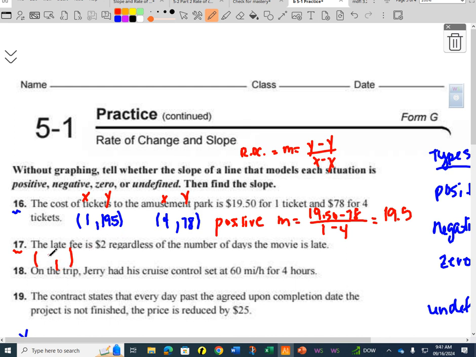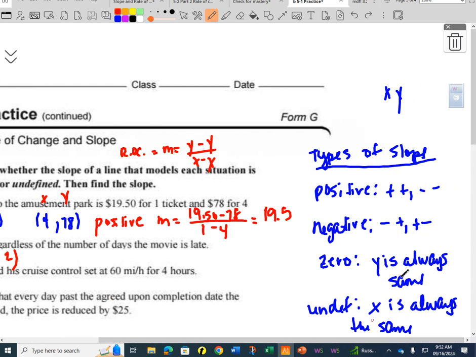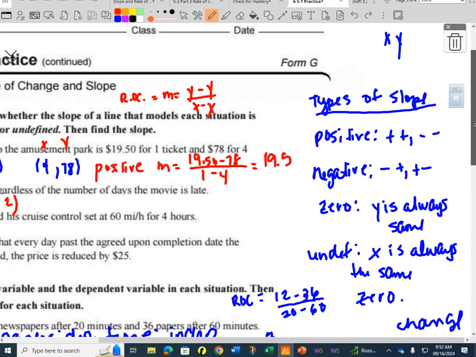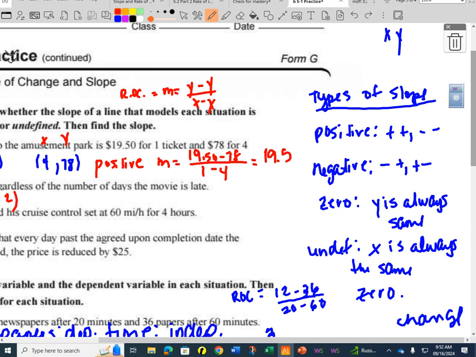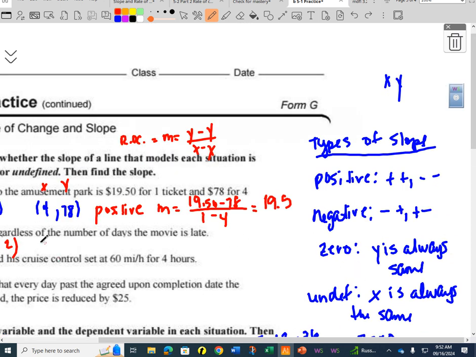If this movie is 1 day late, how much is the late fee? $2. If this movie is 10 days late, what's the late fee? $2, right? So what this says is no matter what, the output, or the Y, is $2. So which slope did we say that was? Is that 0? Yes, 0. It stays the same. So that is a 0 slope.